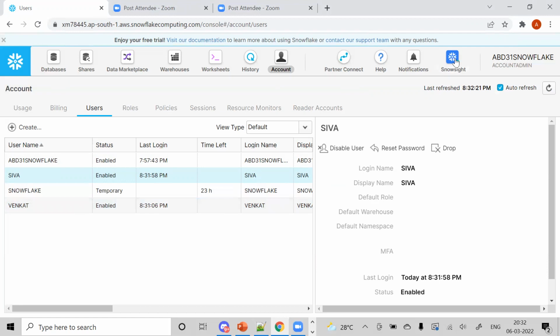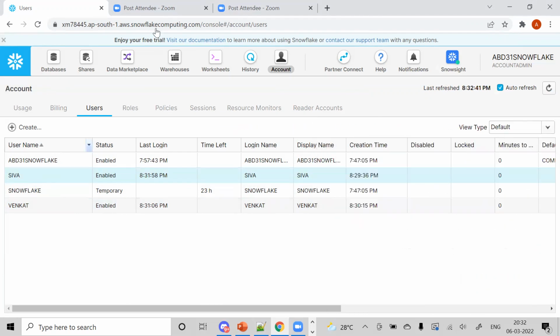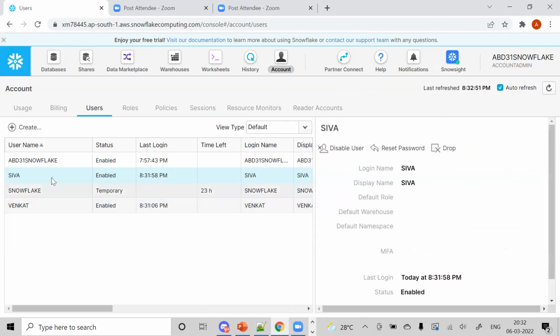Basically you have been logged in with this new interface. Can you see, at the bottom left, the classic console option? Yes. Just click on that and log in. Earlier this new interface was in preview mode. Now it is live, so you guys can access it now.